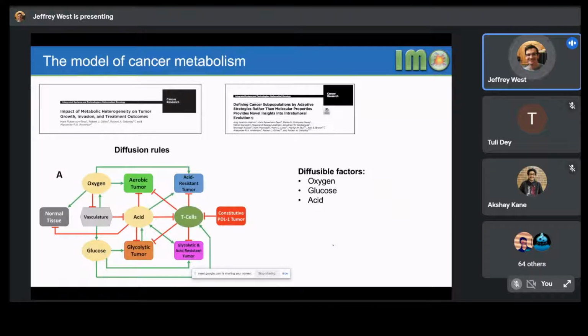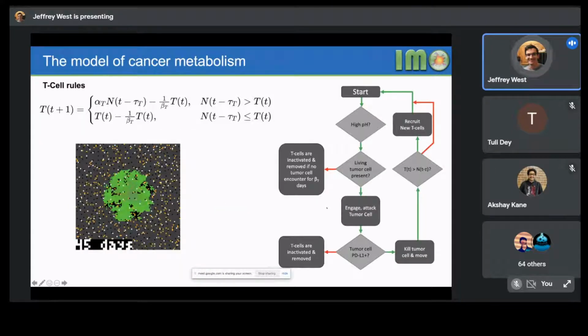And in the model, we also have some diffusible factors. So this is called a hybrid model because we have the agent-based components, but we also have PDE components, partial differential equations describing oxygen, glucose, and acid. And what I've added to the model recently from past publications is the role of the immune system.